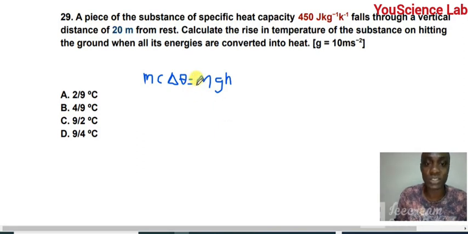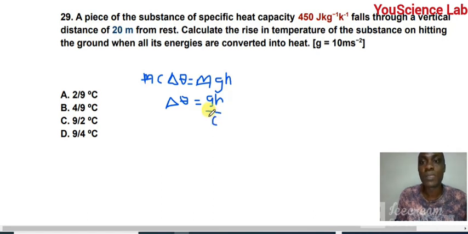So here, because the mass is going to remain the same, this is going to cancel out this. Here we are asked to look for the rise in temperature, which is same as change in temperature. So we are looking for delta theta. Delta theta is now going to be equal to gh divided by c. It's always an endeavor to make the subject of formula before you input your values, it makes it a lot easier for you to solve.